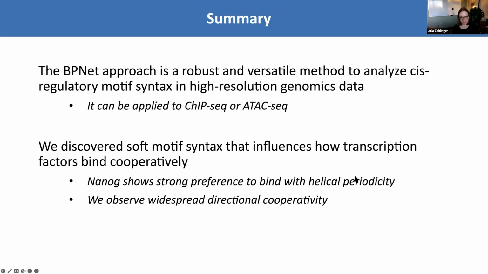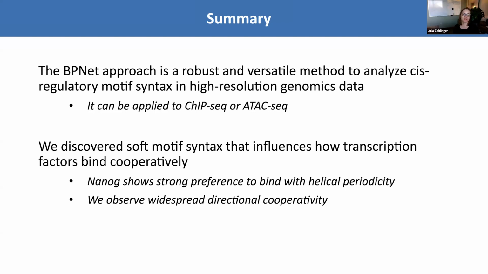Any? Yes. Hi, I've got a question. So presumably, well, not presumably, but this directional cooperativity, that would maybe suggest that when one factor is dependent on the other, the other factor may bind first.